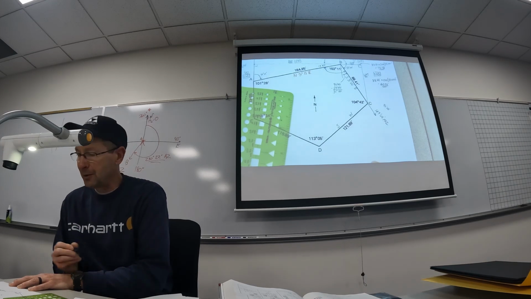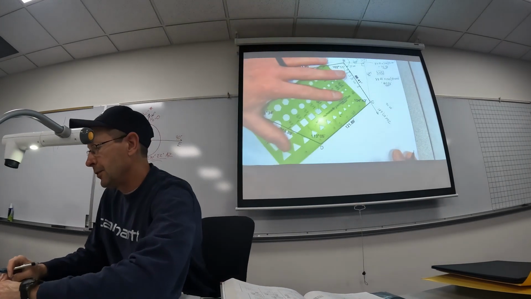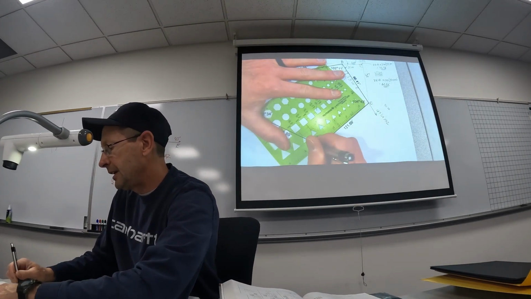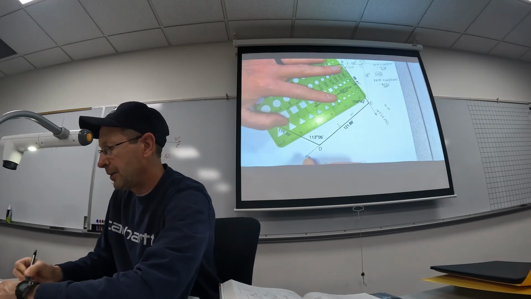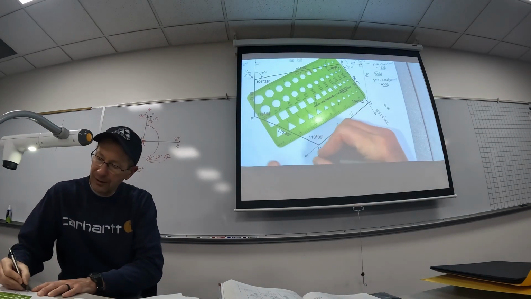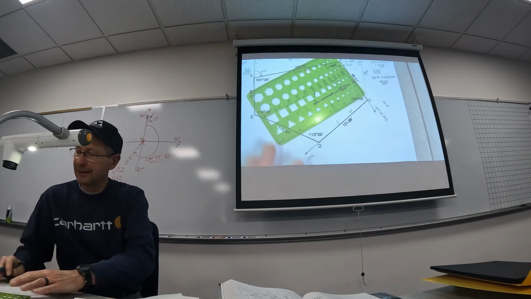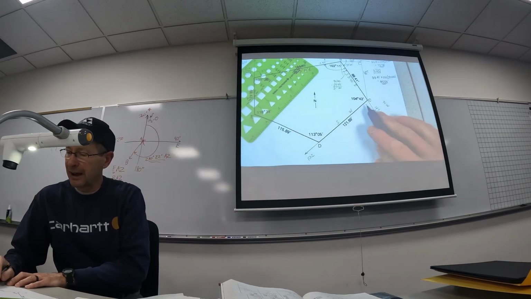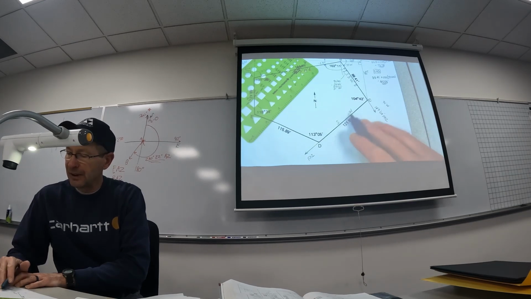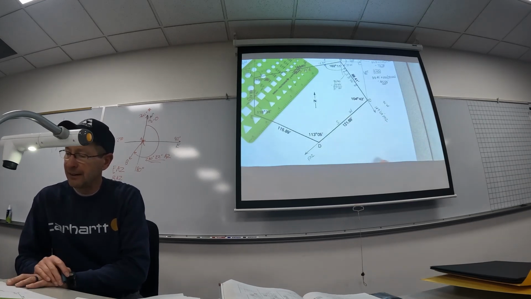We know that. We've got a distance. We know that from C to D, we're going to get a forward azimuth. The forward azimuth is going to be going in that direction. Let's do this: calculate, see if you can calculate the bearing.